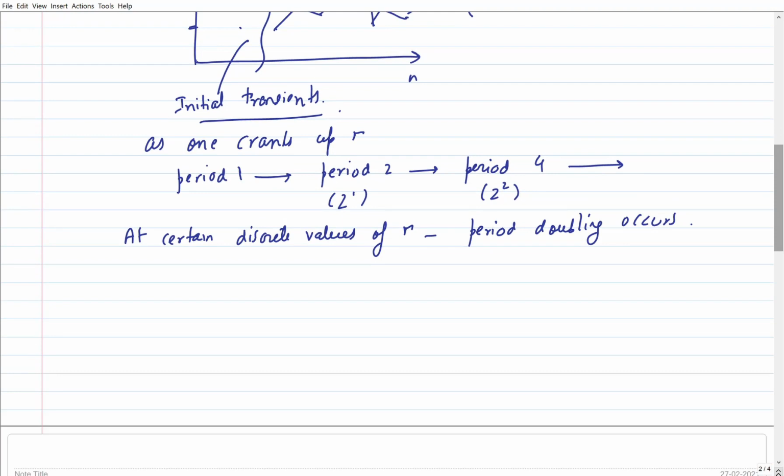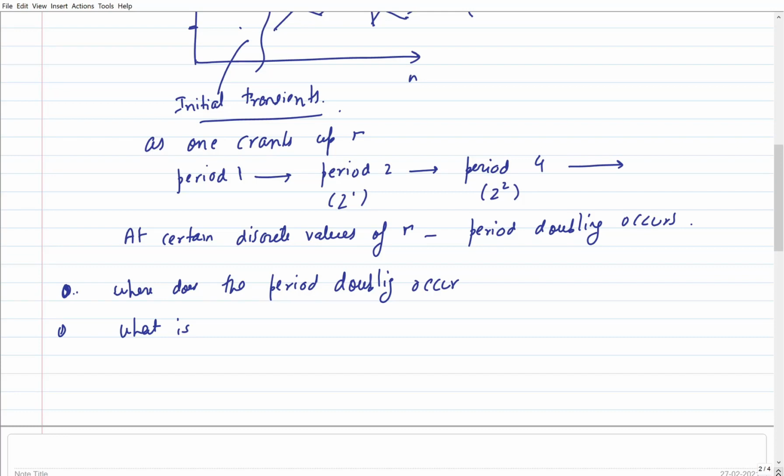And one of the questions we wanted to ask was, of course, where does the period doubling occur? Also, one might ask, what is responsible for this period doubling? Of course, one answer is that cranking up r is responsible, but what exactly is happening in the parlance of dynamical systems?